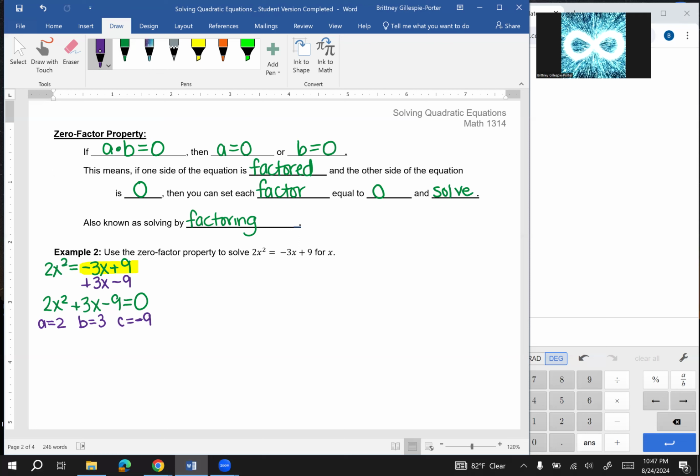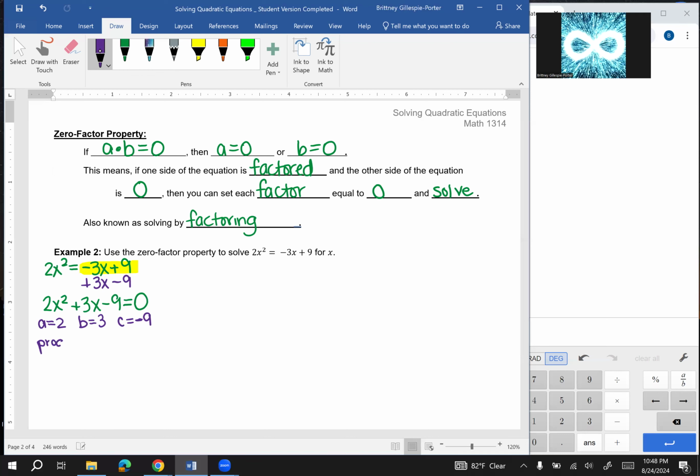There is not a GCF. If there were a GCF, I would need to take that out first. But the 9 doesn't have an X, and not everything's divisible by the smallest coefficient, which is 2. Because I don't have a GCF, go straight into product and sum.